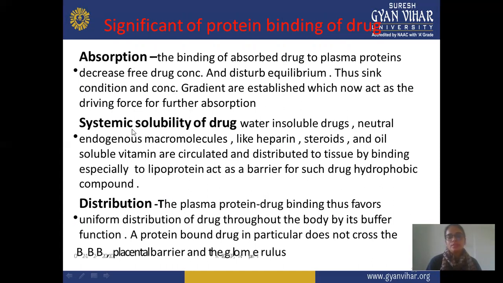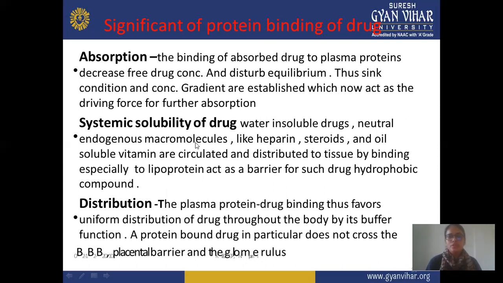Next significance is systemic solubility of the drug: how much drug is systemically soluble at a particular site. Water insoluble drugs like neutral endogenous macromolecules, such as heparin, steroids, and other oil soluble vitamins, are circulated and distributed to tissue by binding specific lipoprotein. You can say that systemic solubility mainly depends on the type of the drug, whether it is hydrophilic or lipophilic in nature.